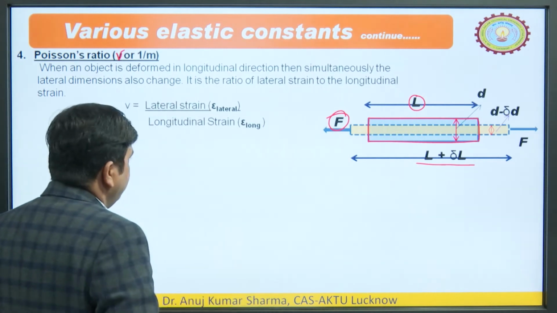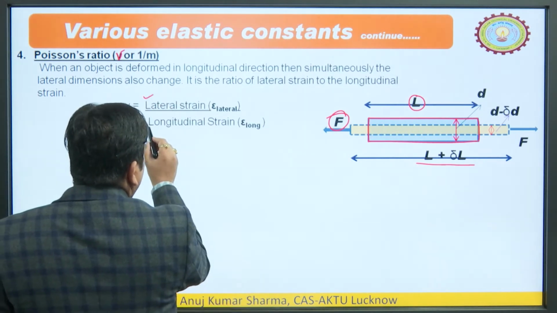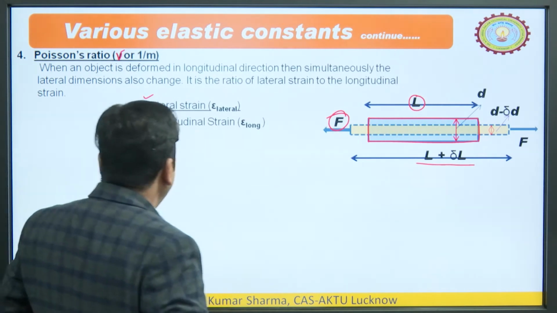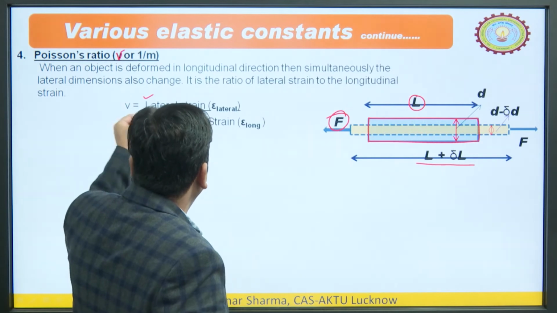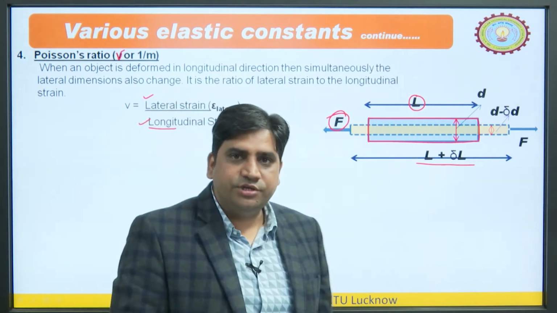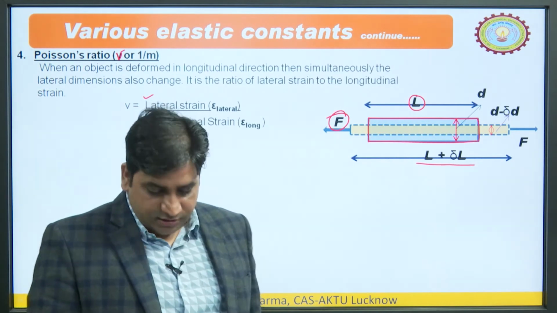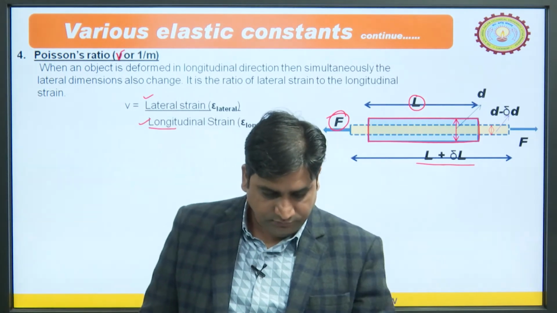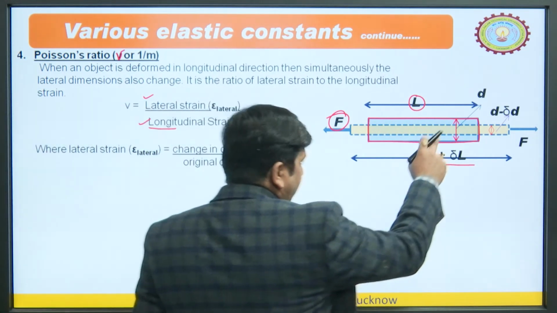So, there may be 2 types of strains, one is the lateral strain, another one is the longitudinal strain. The ratio of lateral strain to the longitudinal strain is equal to Poisson's ratio, right. What is the lateral strain? I have already explained. Lateral strain means change in diameter.